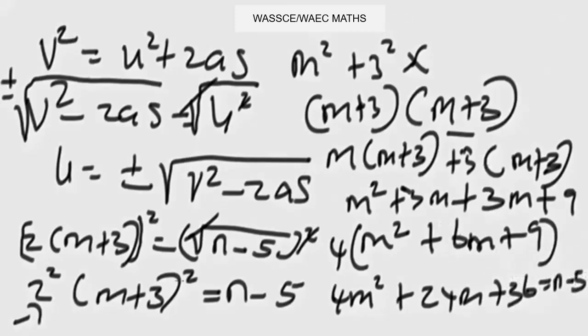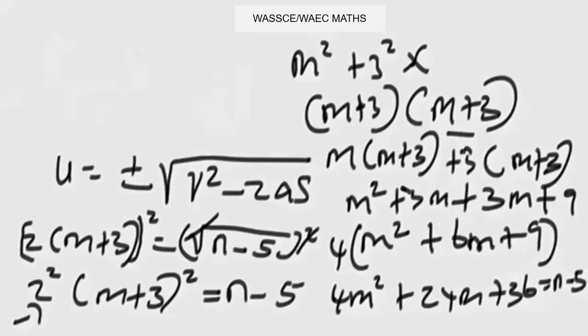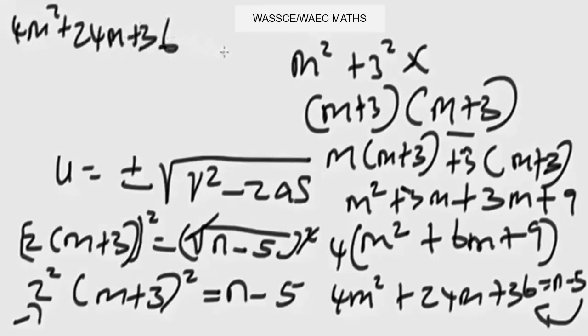Let me wipe some parts of this. Now when you keep simplifying, to make n the subject formula, this negative 5 will cross over the equality sign and change to plus 5. So everything will now be 4m square plus 24m plus 36 plus 5 equals n.